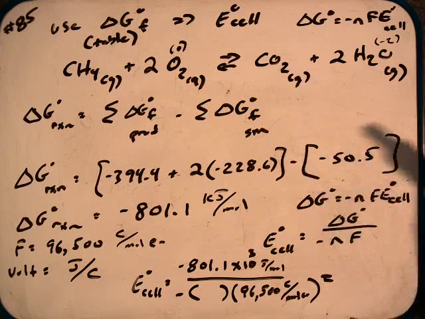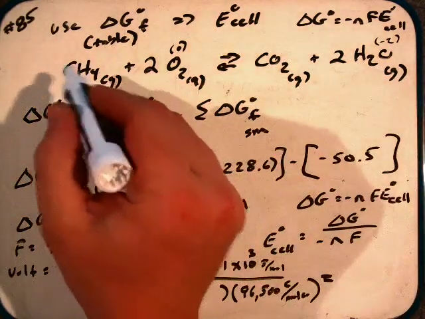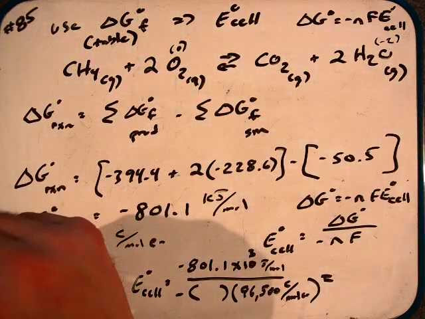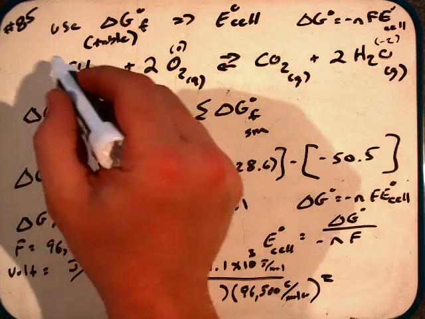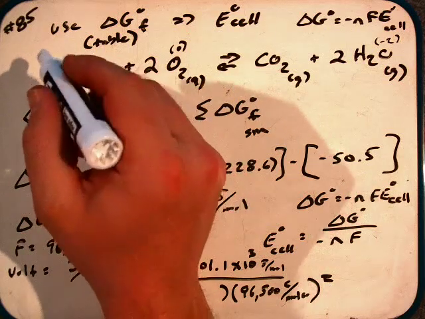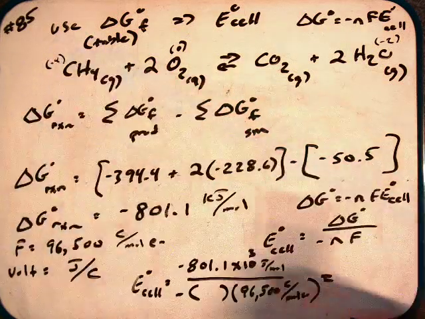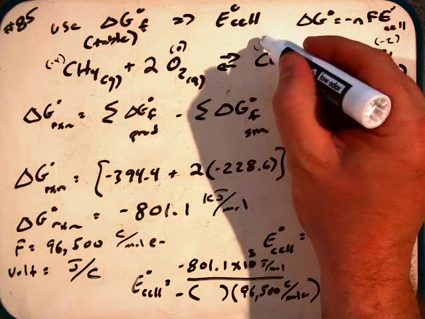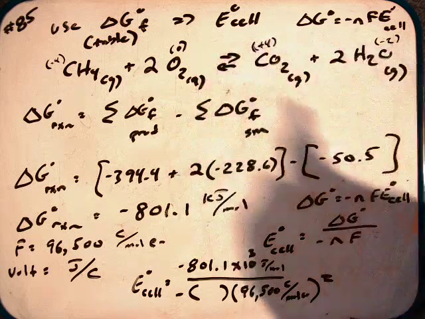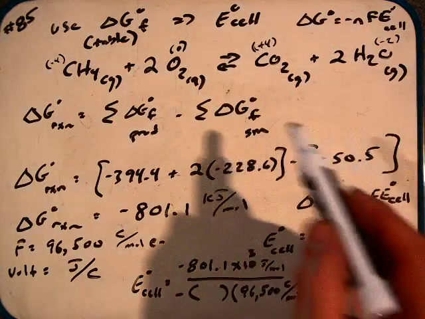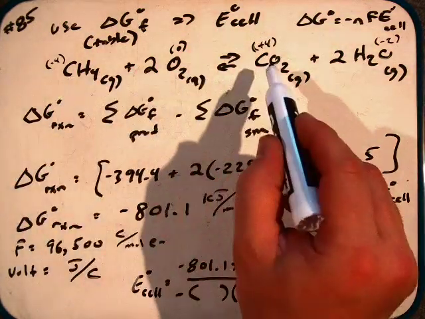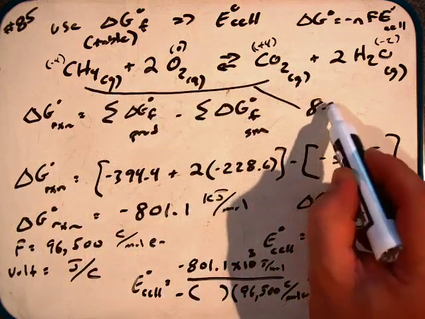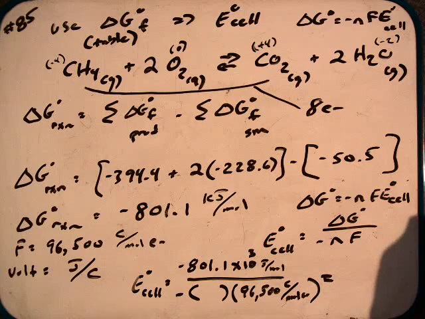The methane, the carbon of the methane is actually what is being oxidized, and the carbon here for methane is -4 for its oxidation number, and then in CO2 it's +4. So that transfer from -4 to +4, right, is a total of 8 electrons being transferred.